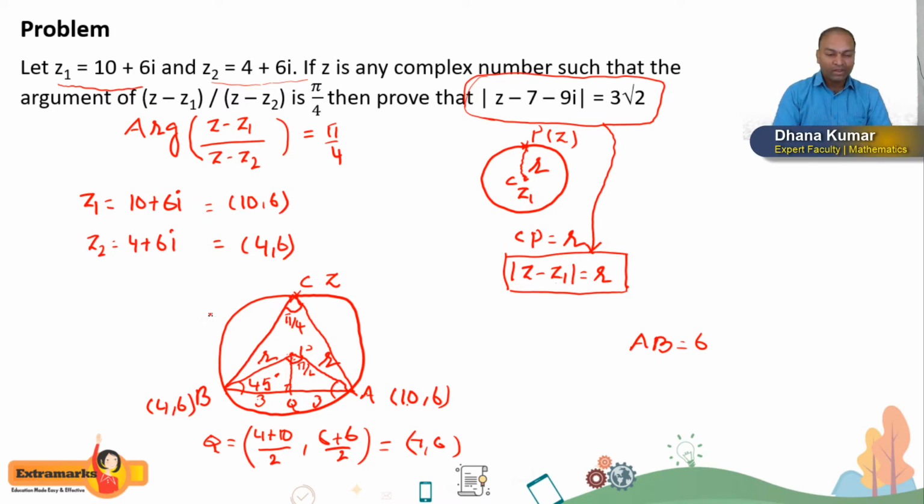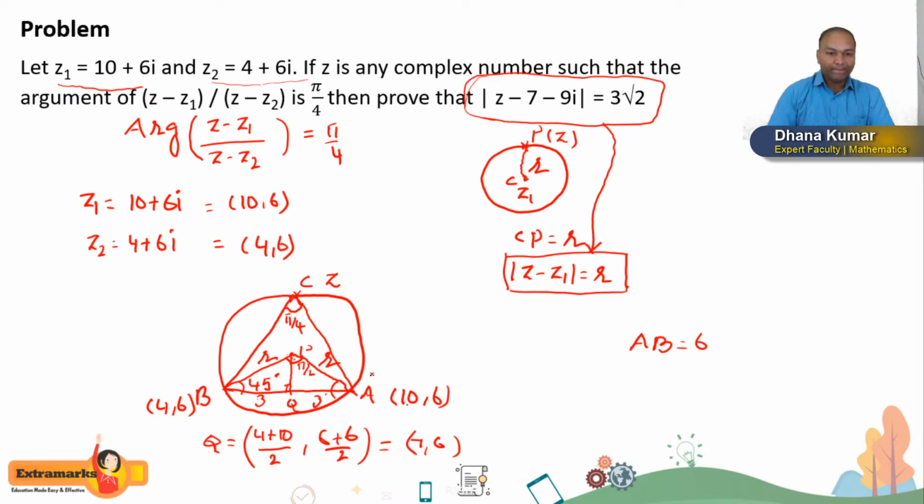Center. Understood? See here, this line is parallel to x-axis. Automatically PQ is parallel to y-axis. Is it correct or not? So PQ is parallel to y-axis. Here Q point is what? 7, 6. Right. Then P point is here.